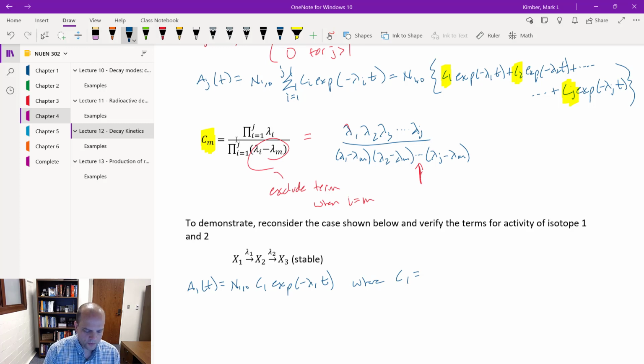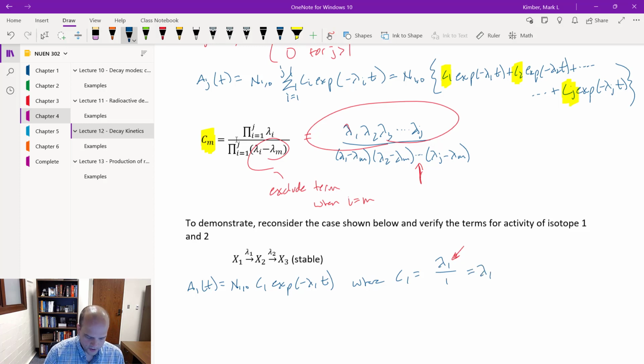where C1 in this case, since I'm only going to isotope number 1, my numerator here is just going to be lambda 1. And then the denominator is only going to be one term long, so it would be lambda 1 minus lambda 1, which we're going to ignore, so this will just be divided by 1.